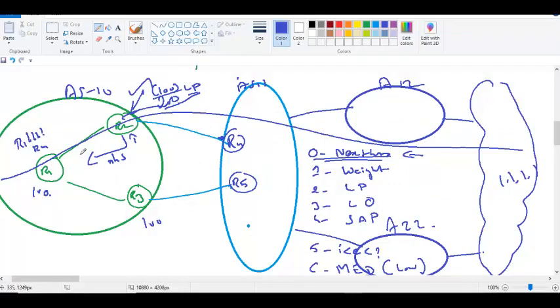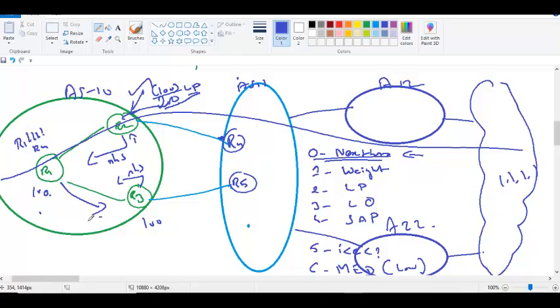Because this is not a tie, it will never come to local preference. What 200? Even if you set 2000, it is of no use. Why? The default weight is 0. Here you have set it as 200, so it will go via this way. You got it? Only when there is a tie in weight, it will come to local preference.